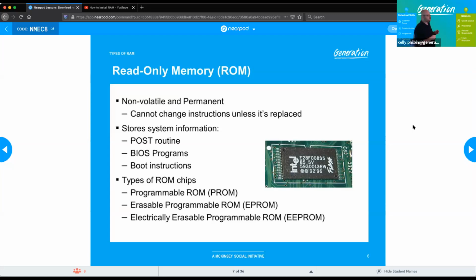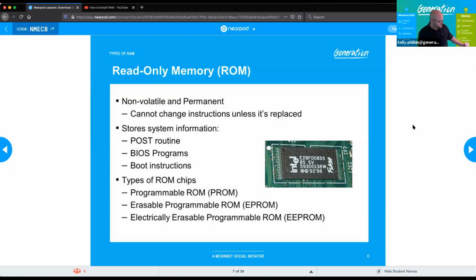This one stores system information, host routine, BIOS, boot instructions, and you got the ROM chips, and then there's the erasable programmable, which can actually be updated. And then the electrically erasable programmable, which is the more modern version of the ROM chips.